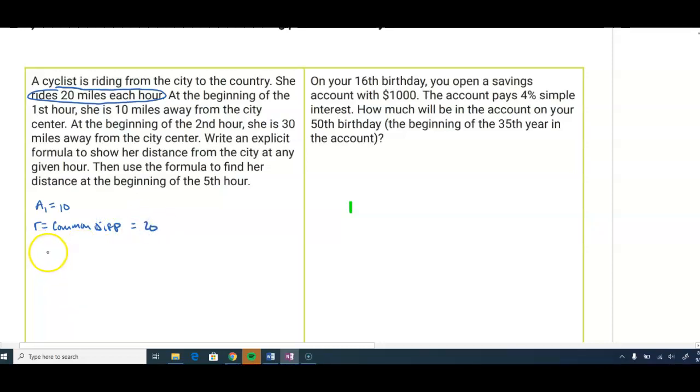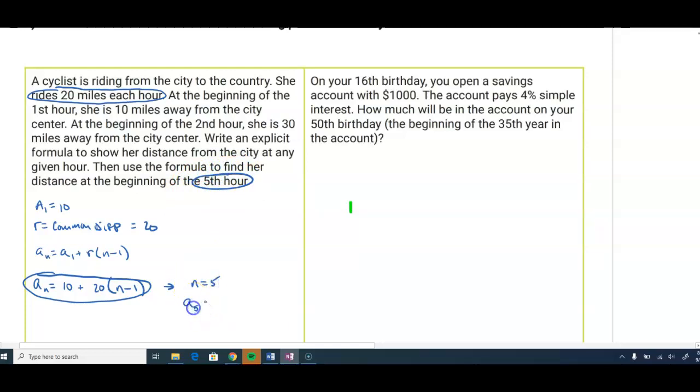And if you remember, the explicit rule for an arithmetic sequence is a sub n equals your initial amount plus your rate times n minus 1. So, in this case, a sub n equals 10 plus, what is your rate? 20 miles per hour times n minus 1. So now the nice part about this is we are able to use that to find how far she is in the fifth hour. So we're going to let n equal 5.